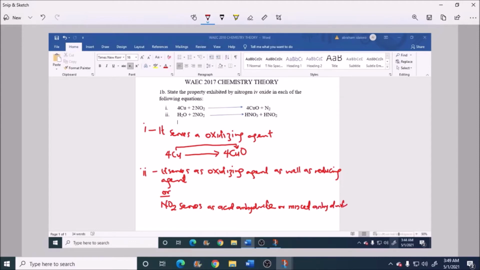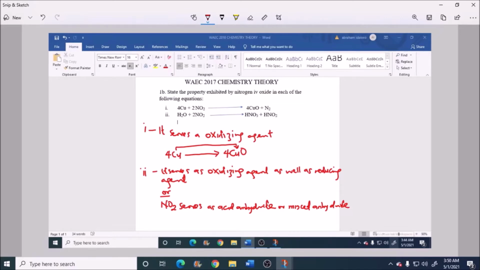So this is the role of nitrogen 4 oxide in each of the equations given. In equation 1 it serves as an oxidizing agent, as we have just the formula of copper in the first equation giving copper oxide. Then in equation 2, nitrogen 4 oxide is added to water, giving HNO3 and HNO2, so it serves as an oxidizing agent as well as a reducing agent, or as an acid anhydride or mixed anhydride.